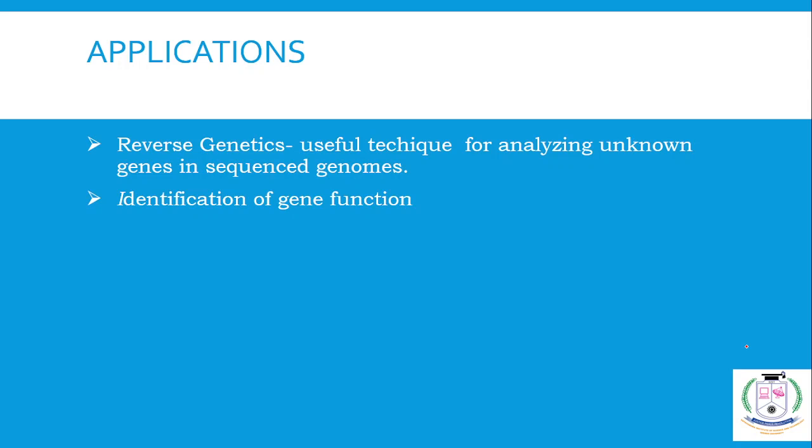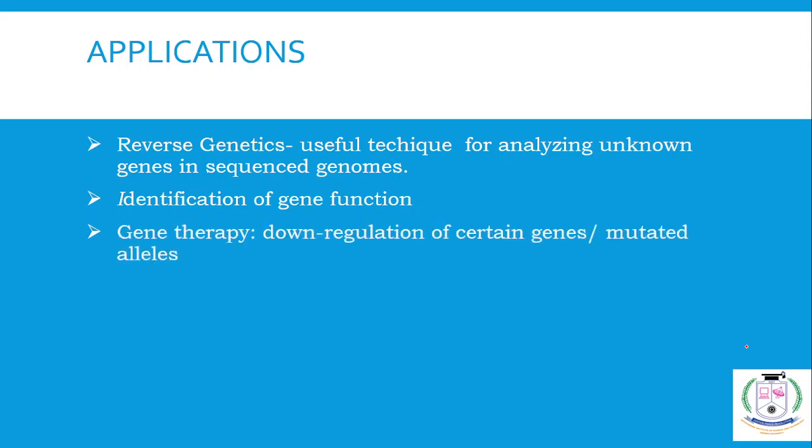It also finds a major role in gene therapy, where you can downregulate certain genes or mutated alleles, which are the key factors for the actual disease. The gene being the reason for an inherited disorder can be downregulated or silenced.